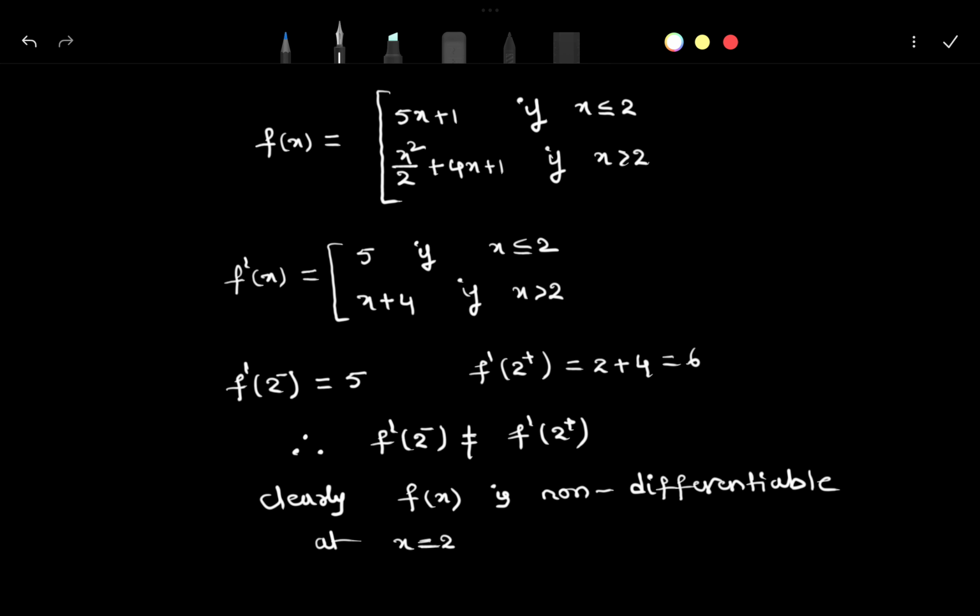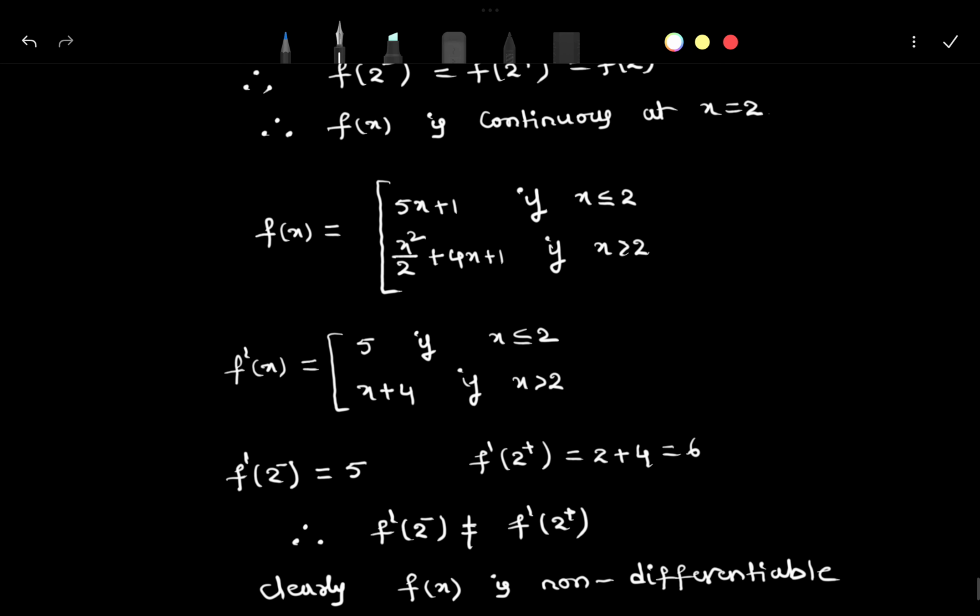but in the question it says the right hand derivative at x equals 3 does not exist, but here the right hand derivative will exist, right? So what is that right hand derivative? See, f dash of 3 plus means here x is greater than 2.